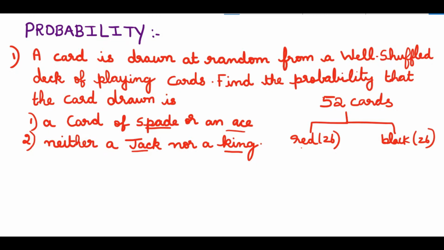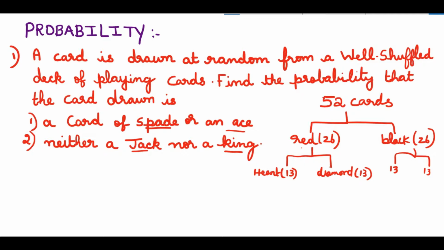Now these 52 cards are divided into 4 suits of 13 cards each. In heart we have 13 cards, in diamond we have 13 cards, and in the same way, in spade and club we have 13 cards each.